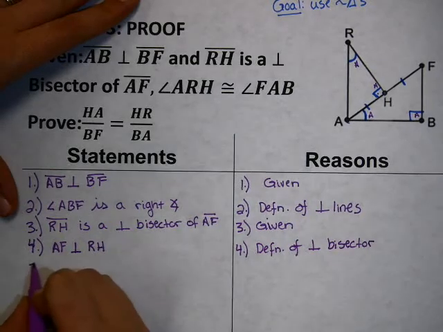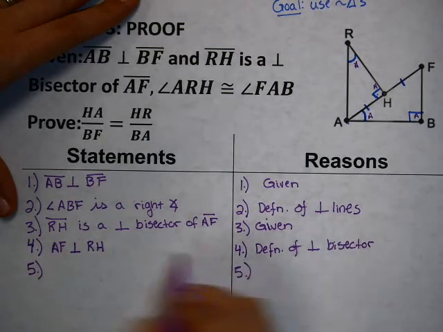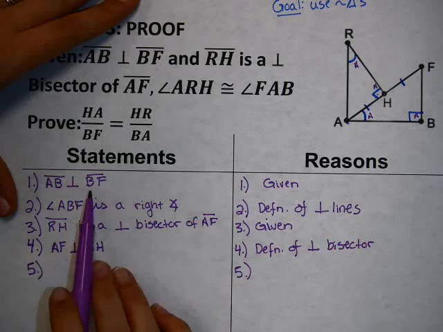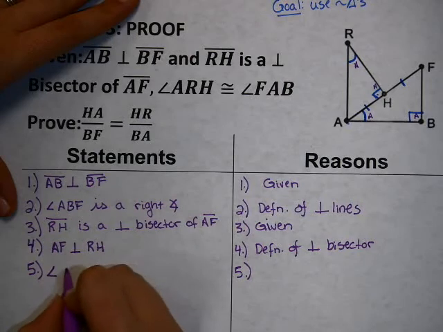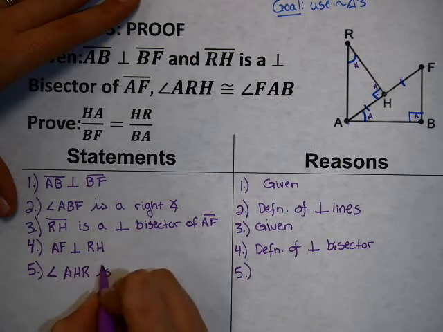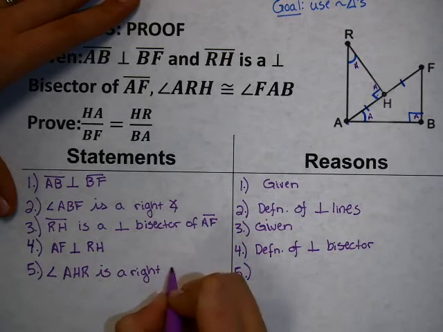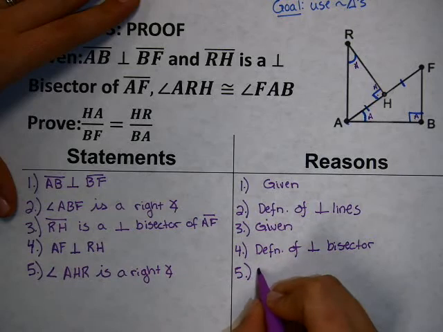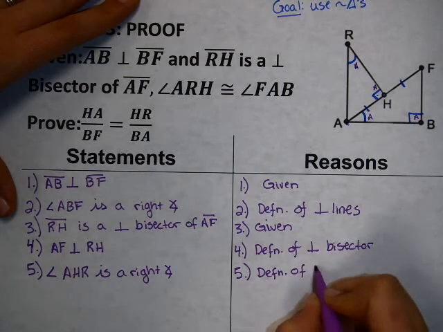Okay. Step 5. Now I can follow the same process as I did up here. I can say now that angle AHR is a right angle. By definition of our perpendicular lines.